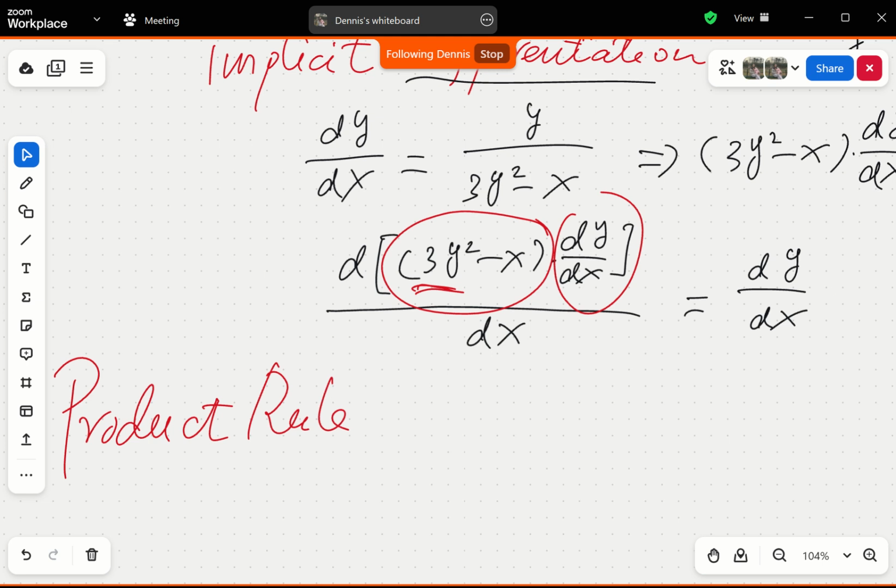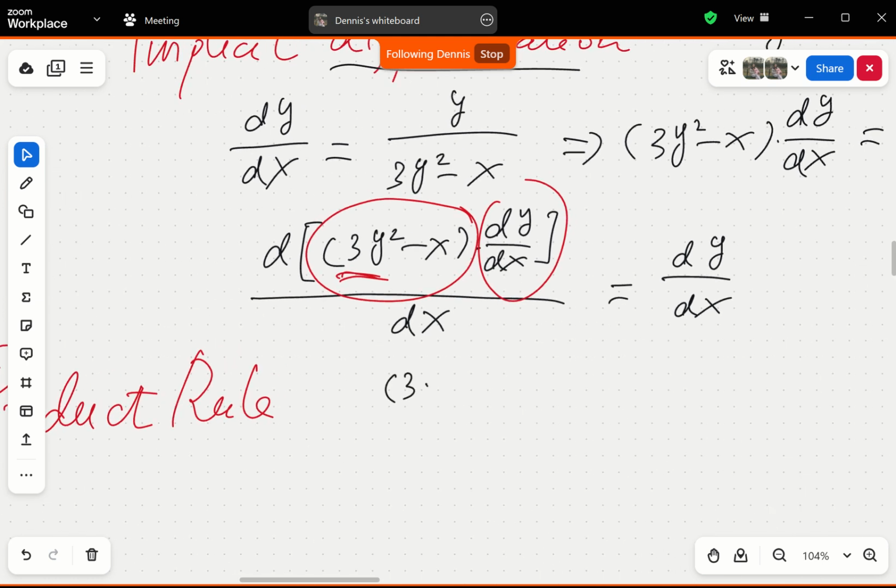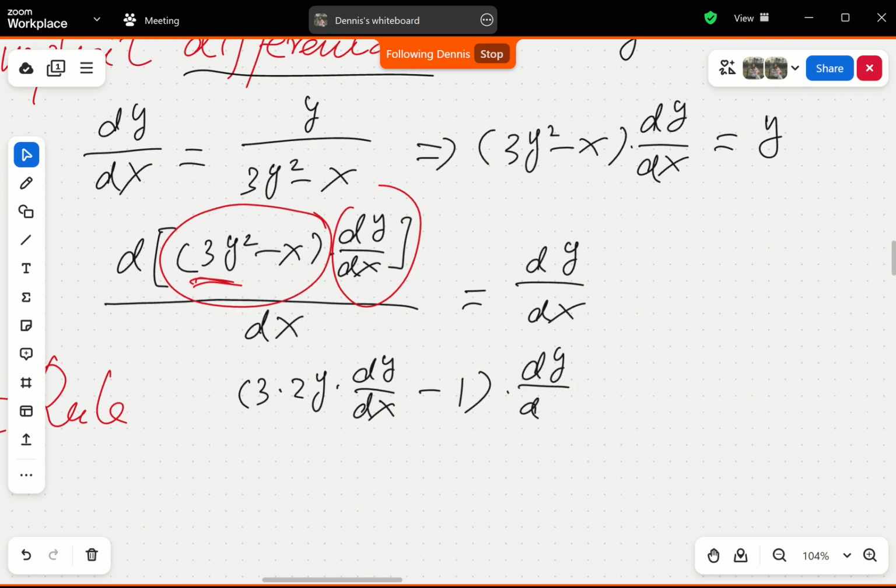So we have the derivative of the first term. This is 3 times 2y times dy with respect to x. This is actually applying the chain rule, minus the derivative of x with respect to x, which is 1, times the second term dy with respect to x.